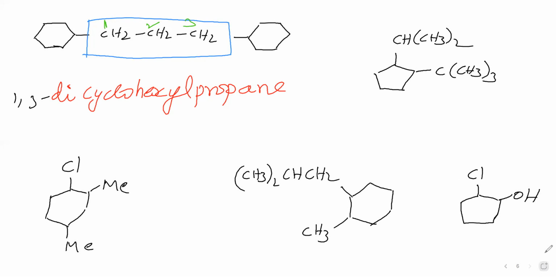Next we will see the OH group, the cyclohexane ring, C with CH3 thrice. Okay, let us see the name of this compound. Here, which is the parent? The parent is this one.